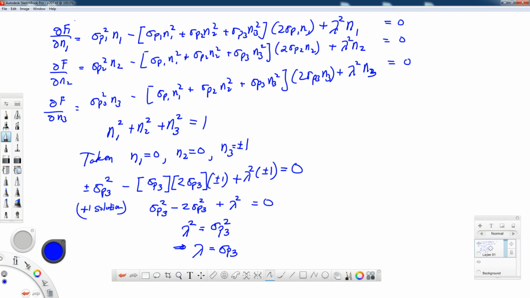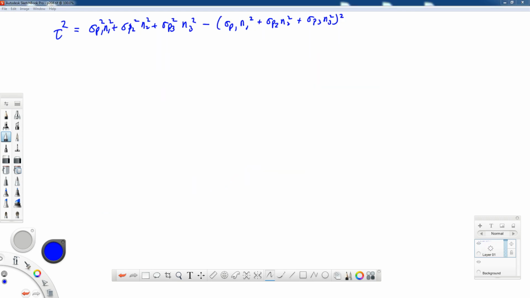Now this will give us an extreme value for our shear stress. Let's go back and write down what our shear stress equation is, and we'll plug this value in and see what we get for this extreme value. Okay, so here's our equation for our shear stress squared. In this one, we were taking n1 equal to 0, n2 equal to 0, and n3 equal to plus or minus 1.